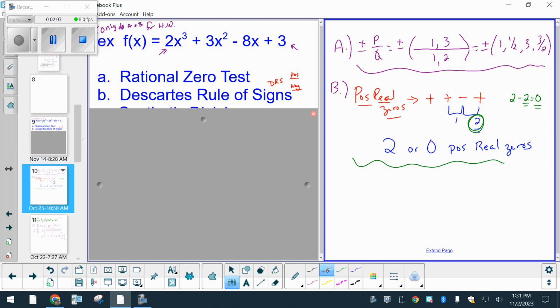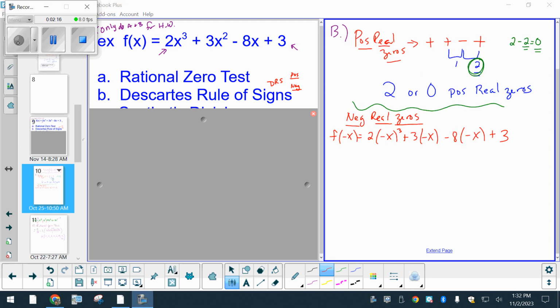All right, next up, negative real zeros. This one involves a little bit of work. Okay, if you look at your work, I substituted a negative x in, and then I'm going to play around with the signs, right? So this should be a negative squared.